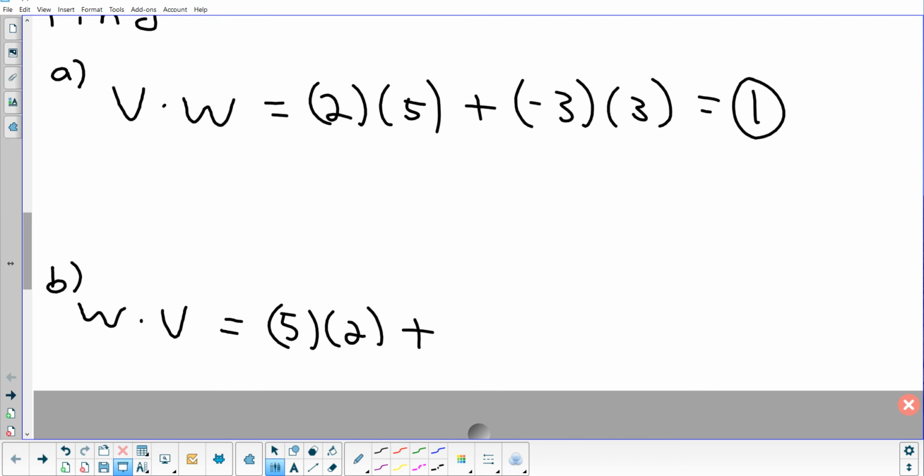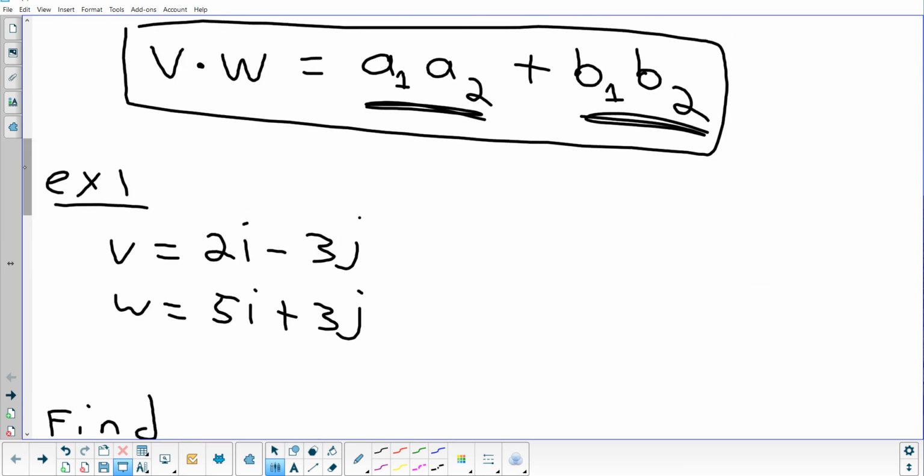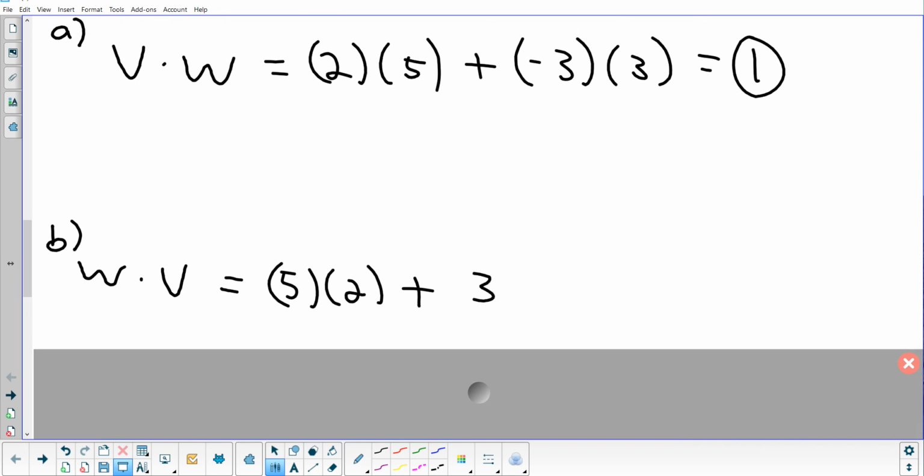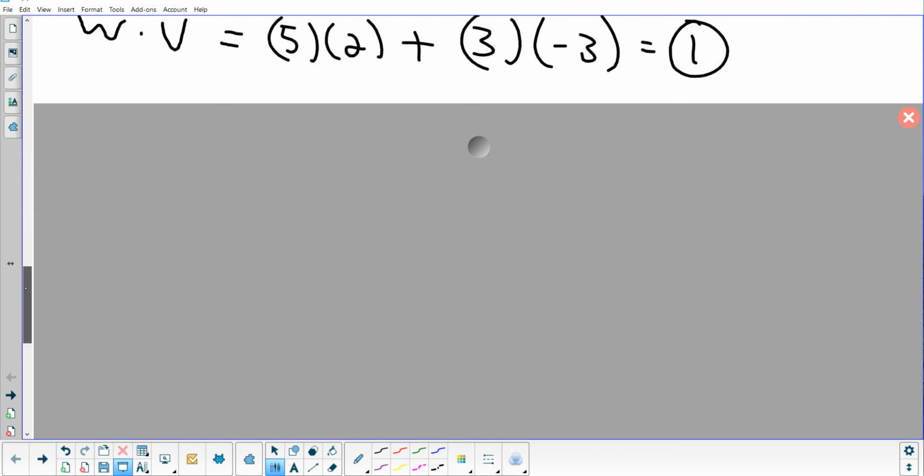Plus what? 3 times negative 3. And what's that going to be? 1. It's still 1. So what do you think that means about the dot product? Doesn't matter. It's commutative, yes.